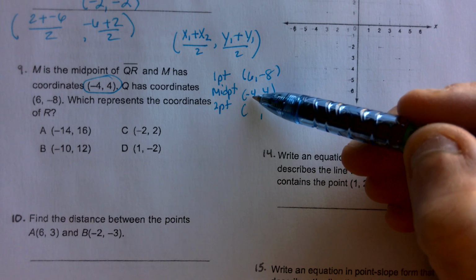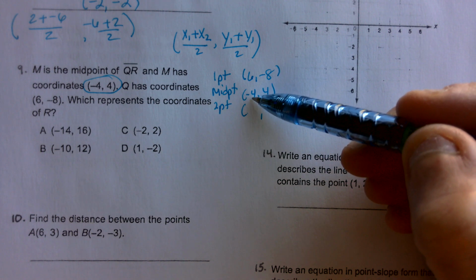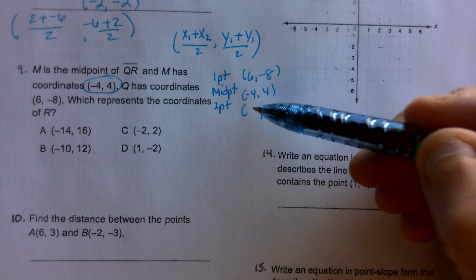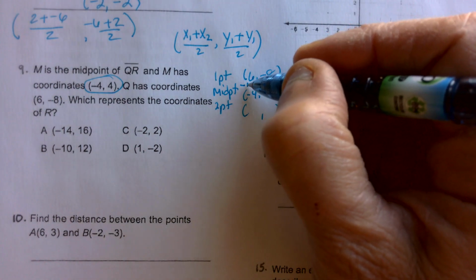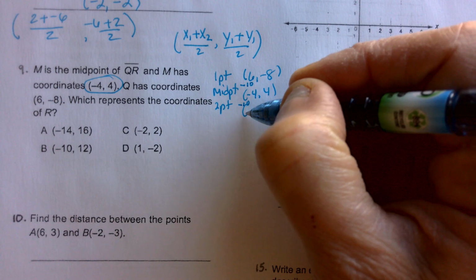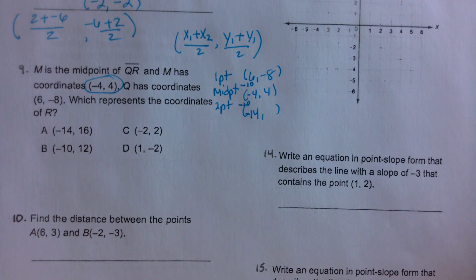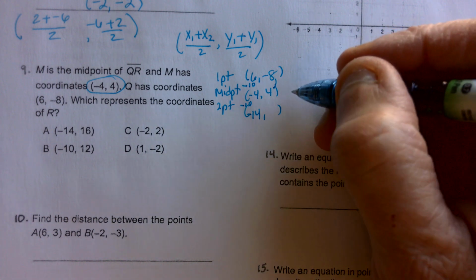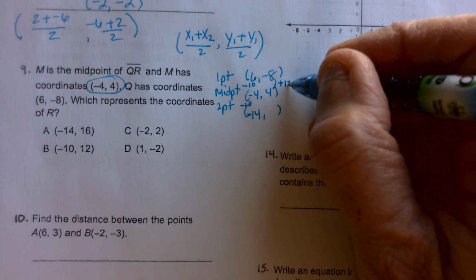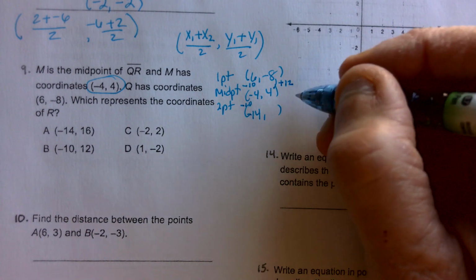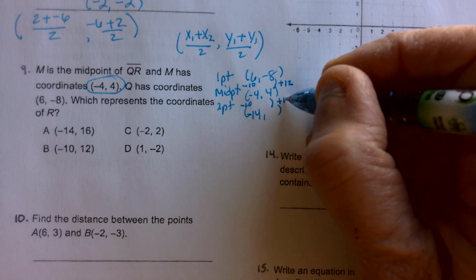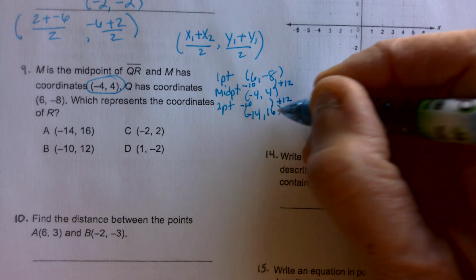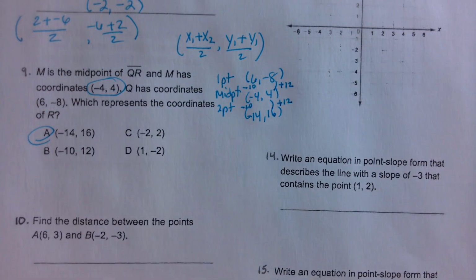You're going down 10. Well, then you keep going down another 10. They subtracted 10 here. You're going to subtract another 10 and get negative 14. Here, from negative 8 to positive 4, what did they do? They added 12. So you're going to add another 12 and get 16. So there's your answer.